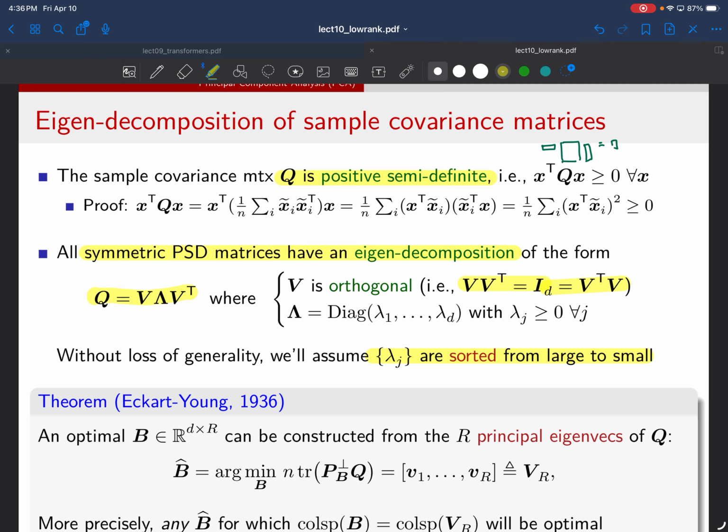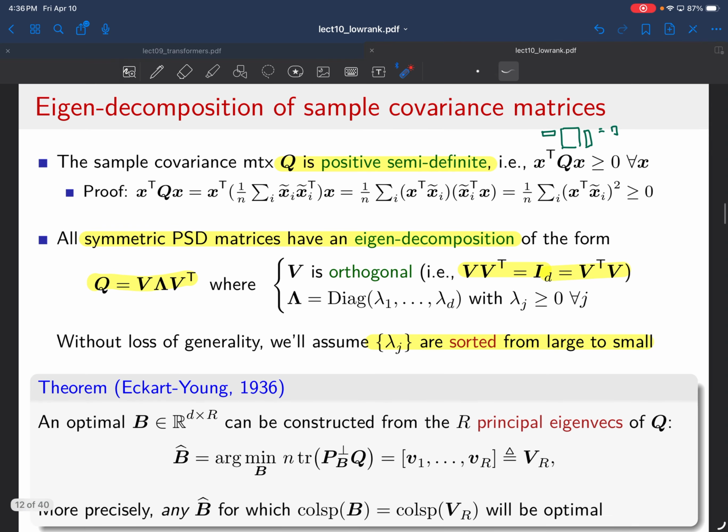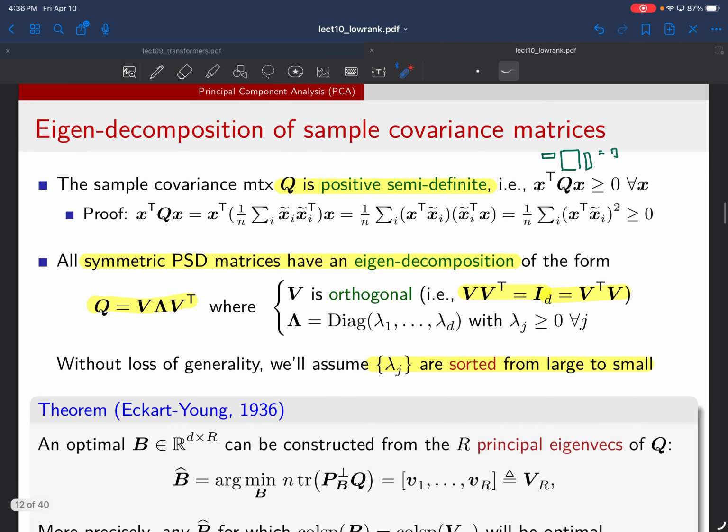You can compute an eigendecomposition, and then sort the eigenvalues from big to small, and then you just swap the columns in V correspondingly. And so then you will have this sorting property too. Okay. Any questions on the eigendecomposition stuff?